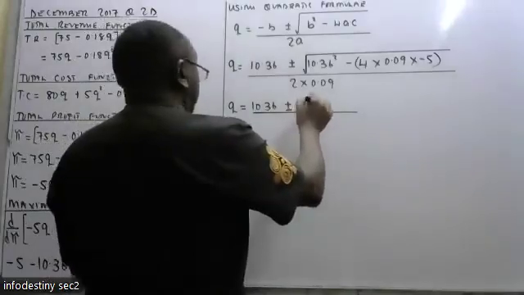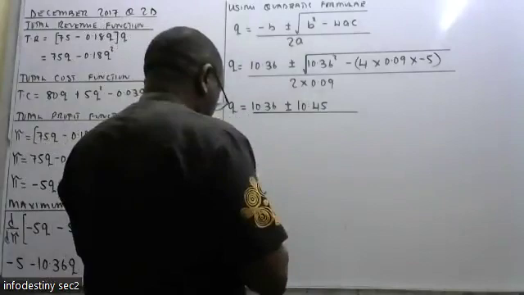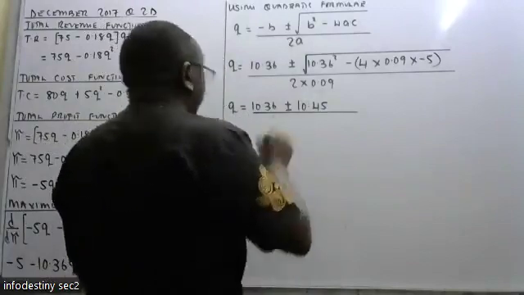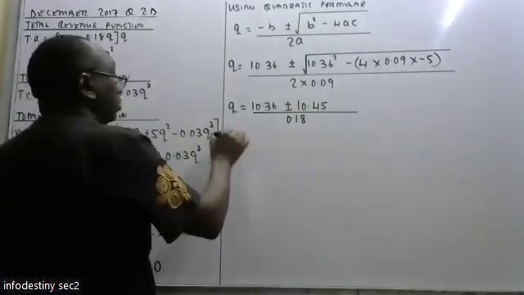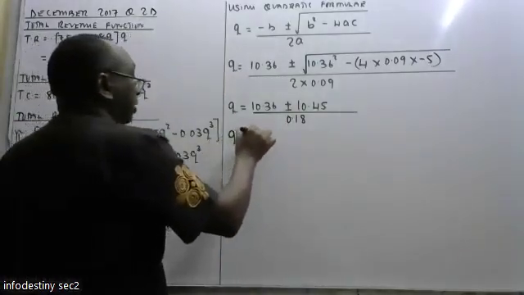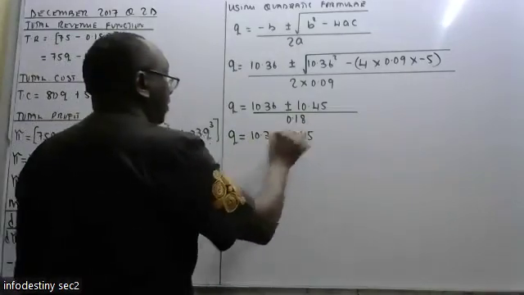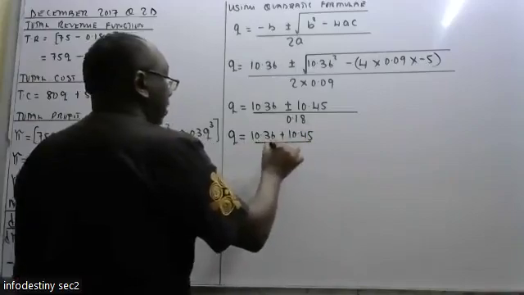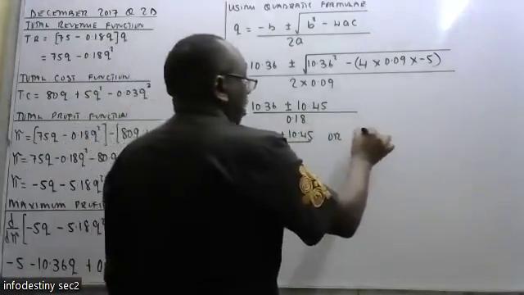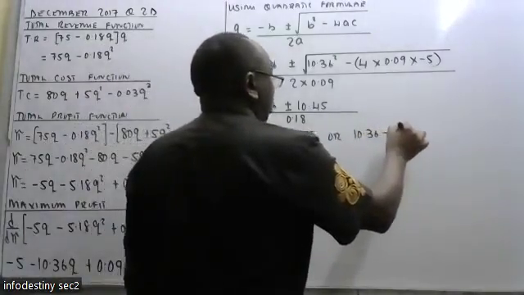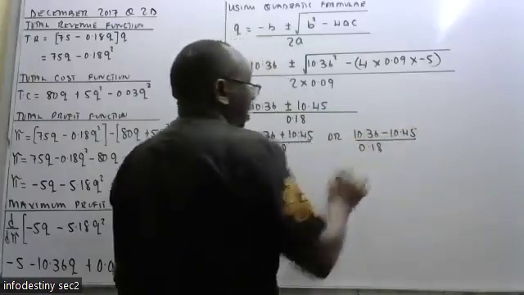I'm getting 10.45. And 2 times 0.09 is 0.18. So Q will be 10.36 plus 10.45 divided by 0.18, or 10.36 minus 10.45 divided by 0.18.